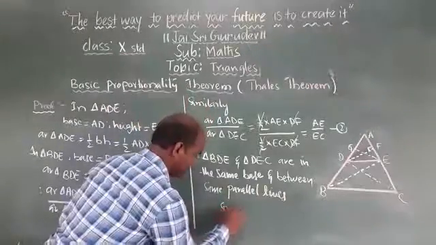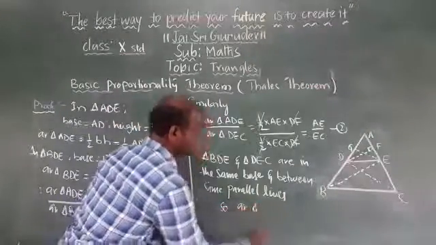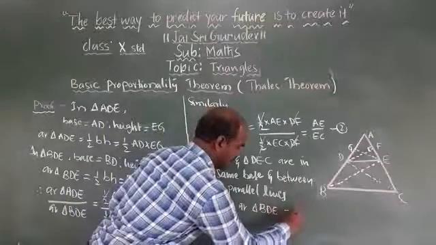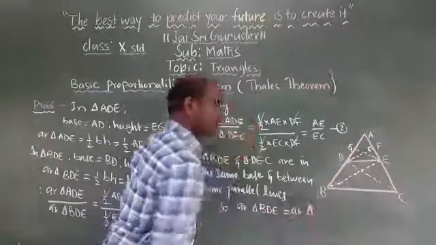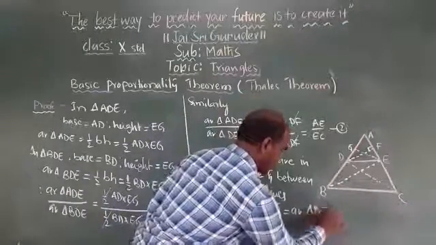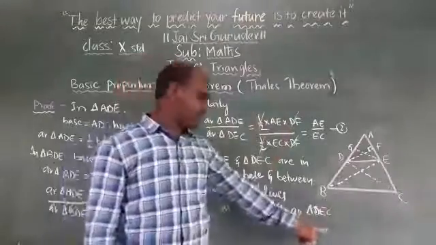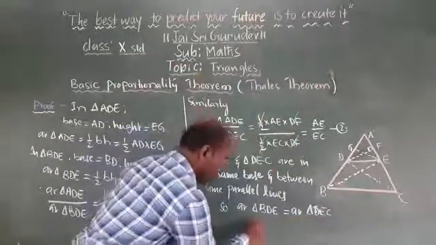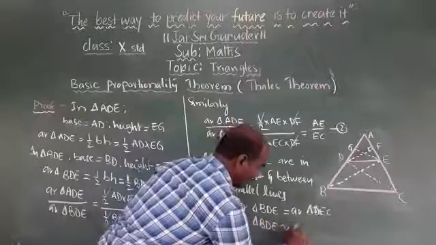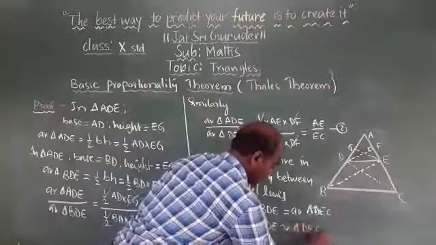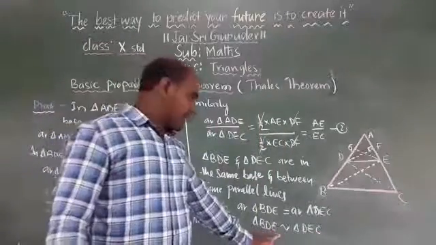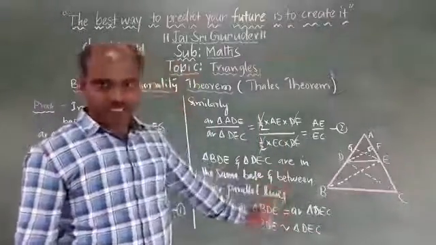Therefore, area of triangle BDE is equal to area of triangle DEC. When both areas are equal, we get equation 3. So with this, their corresponding sides are in proportion.